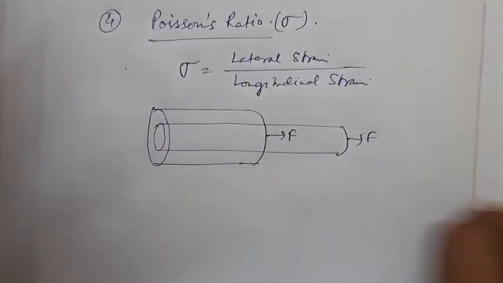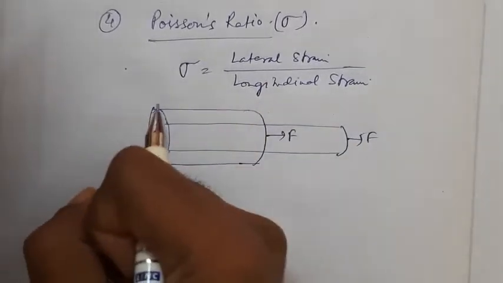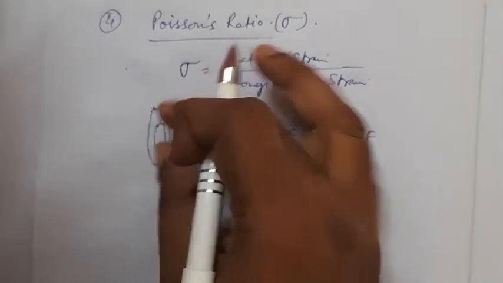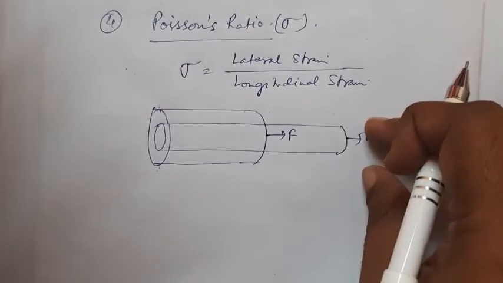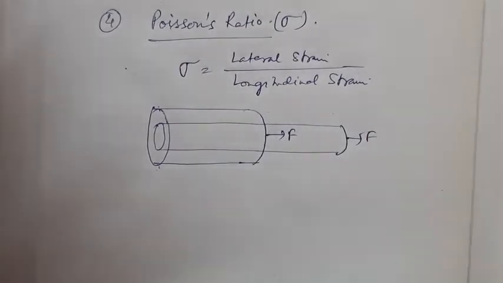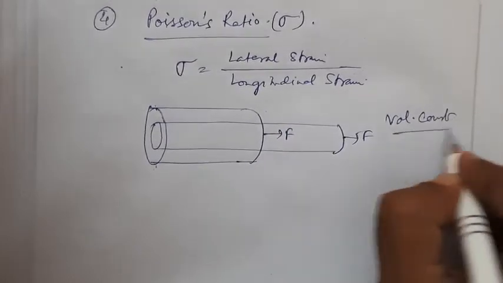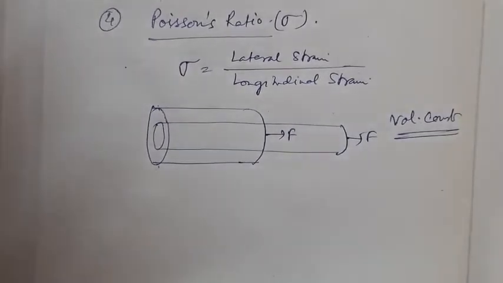So if you are applying a stretching force or a pulling force, the radius or the diameter decreases and there is an increase in the direction of the length. Here the volume remains constant. Only there is a change in shape.